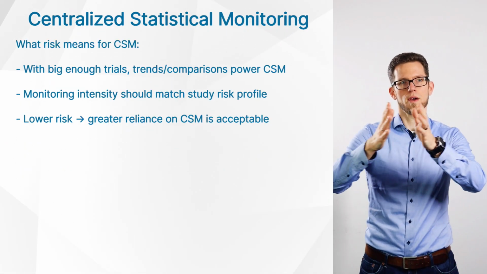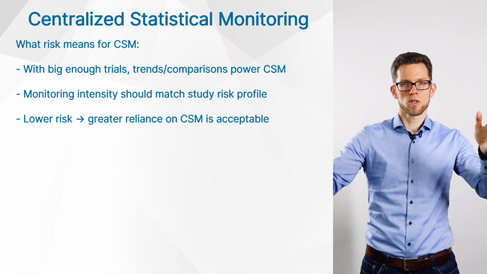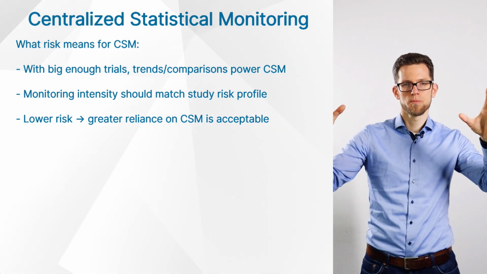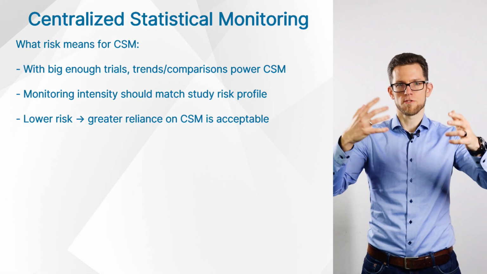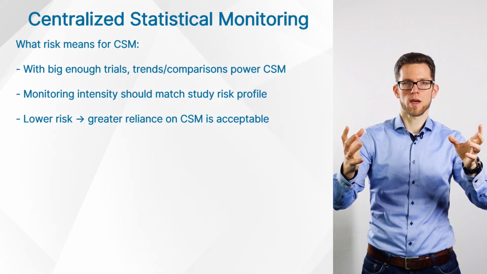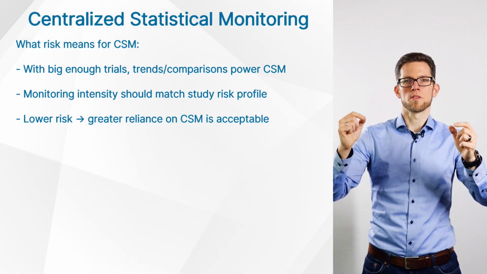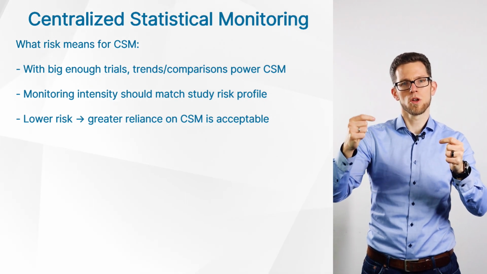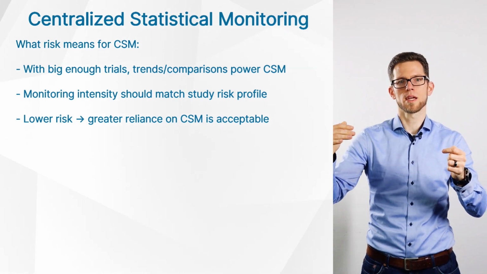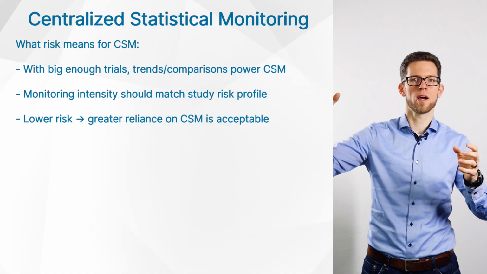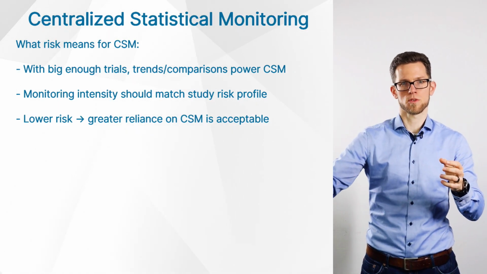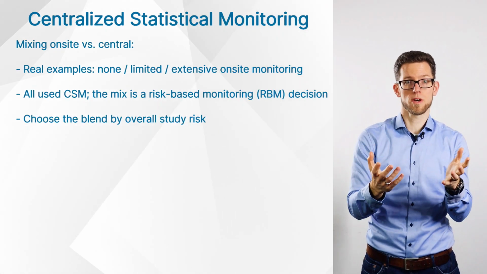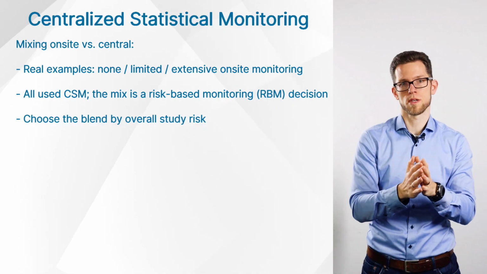And so when we look at centralized statistical monitoring and we have trials that are big enough and where we can really see a lot of trends and we have a lot of information that we can compare, then the effect on monitoring is primarily driven by how low is the risk profile in the study and how much can you fully rely on centralized statistical monitoring itself. We have run trials in which we did no on-site monitoring.